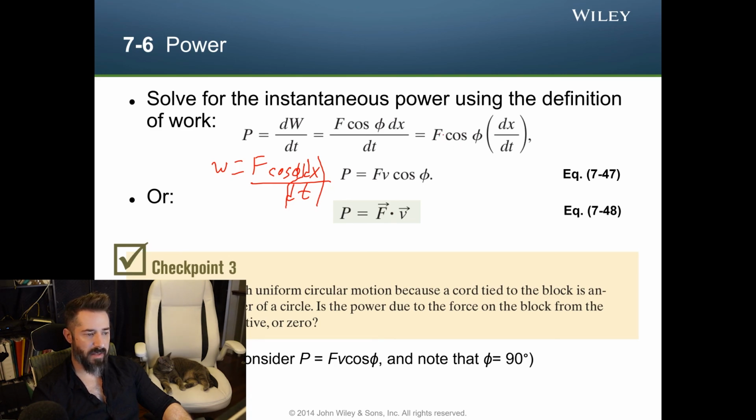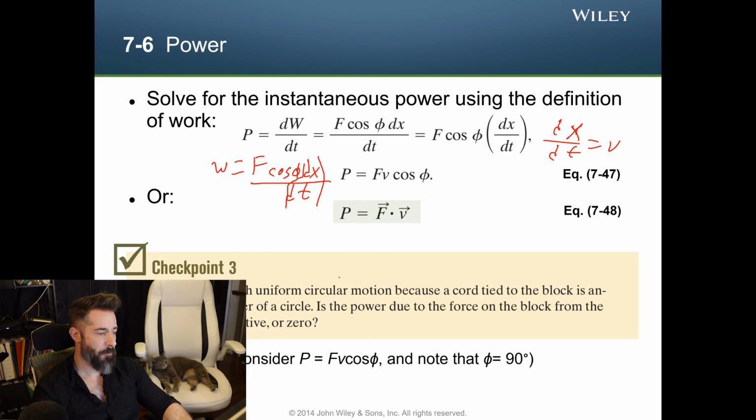And then if we multiply the force times the cosine over dx over dt, we've seen this before. So we know that dx over dt equals velocity, right? Take the derivative of x with respect to time, you're going to get velocity. So what we're basically saying is now we have the cosine component of the velocity. Therefore, we can say that power is force times velocity.